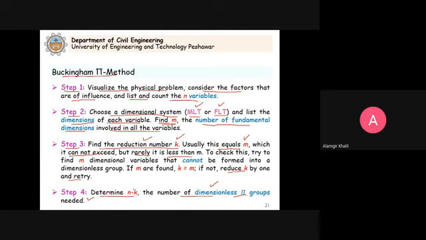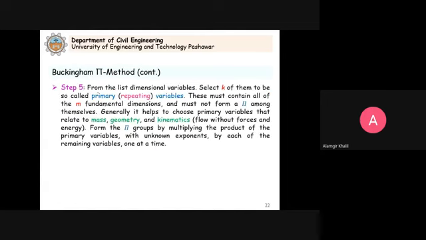Step number 5 is that from the list of dimensional variables, select k of them, which we already determined, to be called the primary or repeating variables. This is the tricky step in this method and the important step.